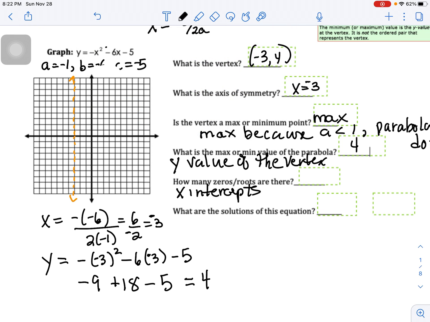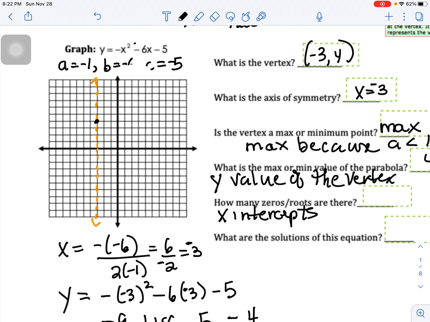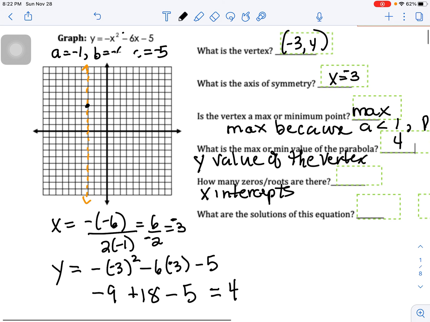Plot my point. And now I need to figure out one or two more points on the graph.